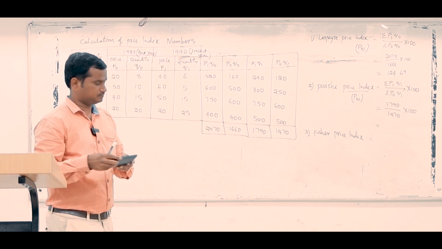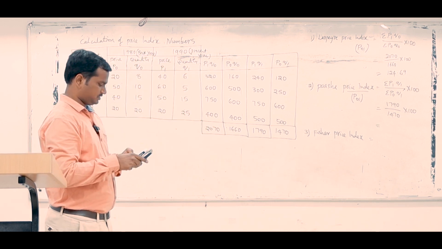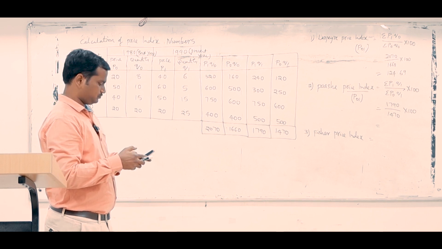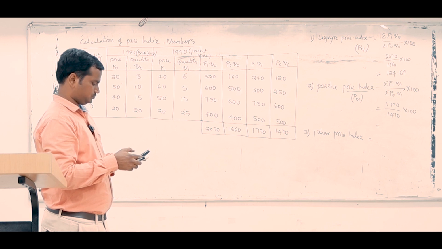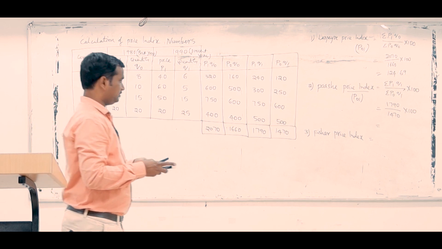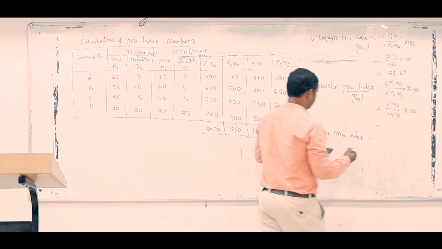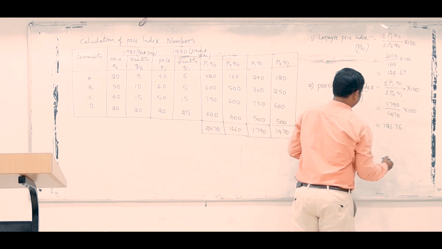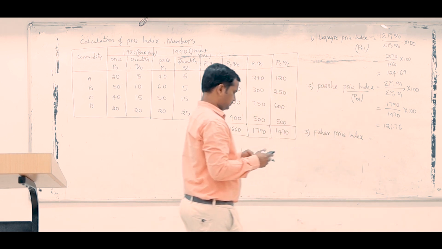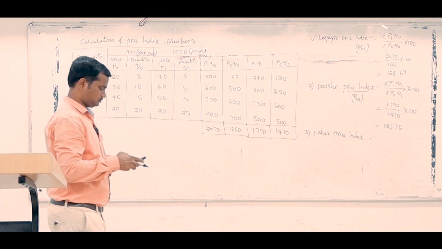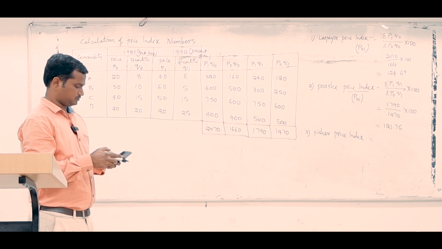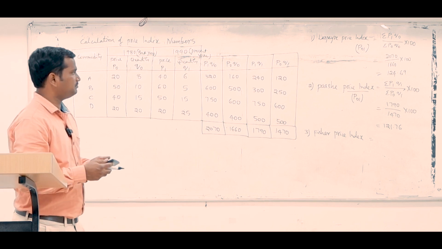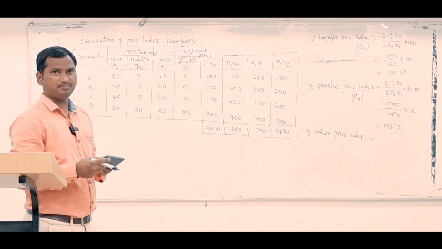So 1790 divided by 1470 into 100. So it will be 121.76. That is the price index as per Paasche method.